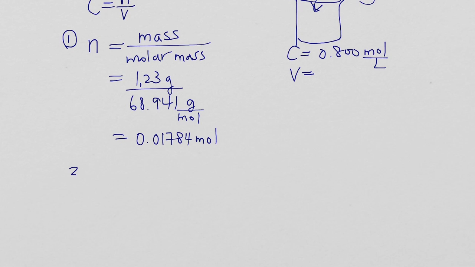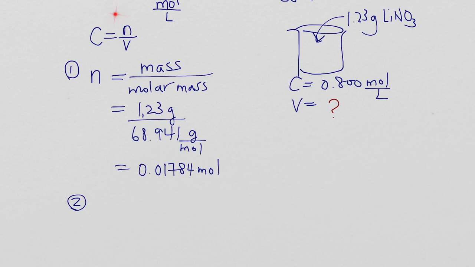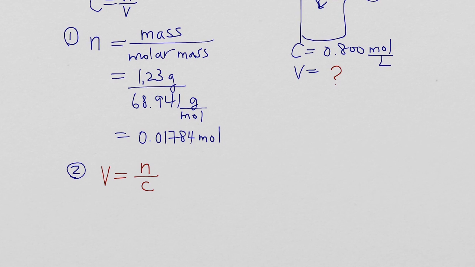But at the end, again, you don't know what volume it is, but you know that your concentration has to be 0.8 moles per liter. So our volume is a big question mark. And we can isolate for volume in this equation by doing this: V equals n over C. So it equals 0.01784 moles divided by 0.8 moles per liter.